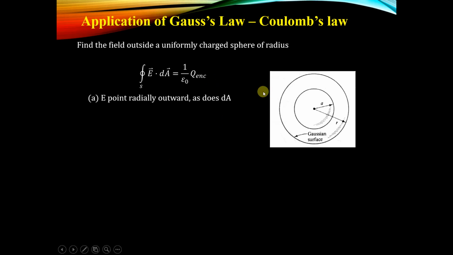Now what is going to happen in this particular surface is that if I consider an elemental area, the electric field and the elemental area both will be pointing in the same direction, that is towards outside. So I can write closed integral E dot dA is equal to integral mod of the field mod E into dA.